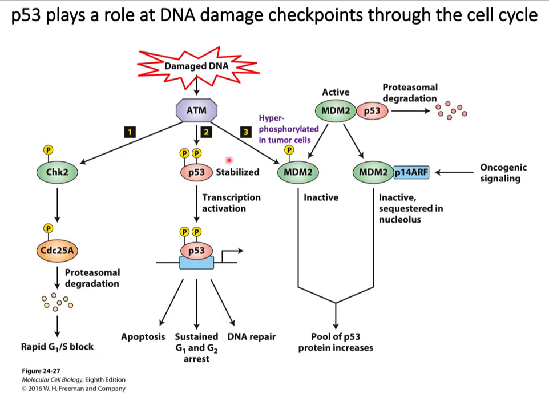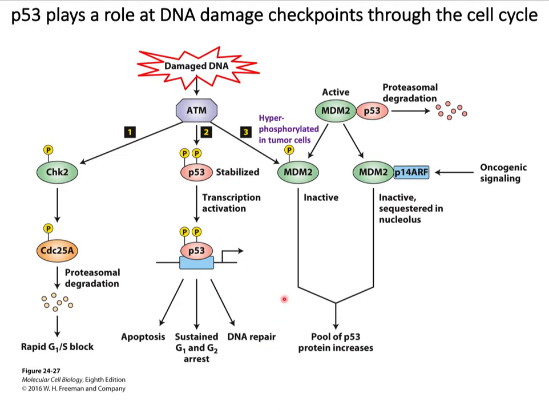So p53 is normally very unstable, but when ATM phosphorylates p53, it becomes stabilized. And when it stabilizes, it can bind the upstream region of genes and enhance their transcription. One of those genes is p21-CIP that we talked about on the previous slide.